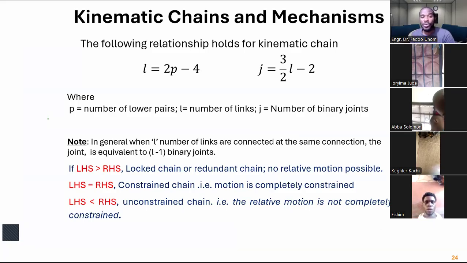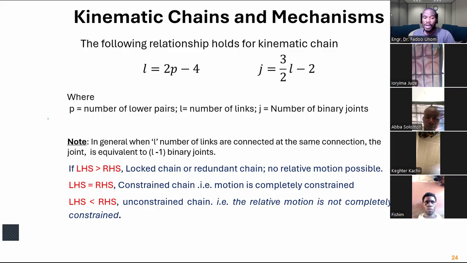L equals 2p minus 4 and J equals 3 over 2L minus 2 are the two criteria that we use in checking if a given arrangement of links is a kinematic chain or not.